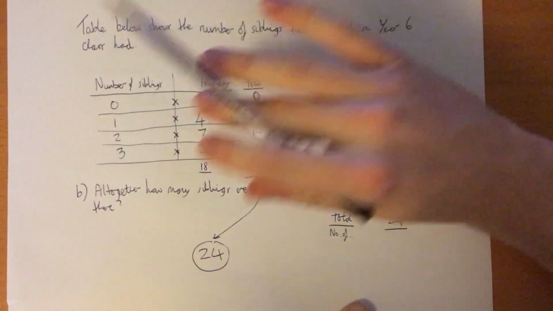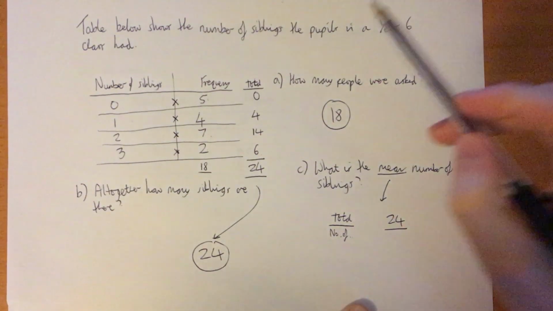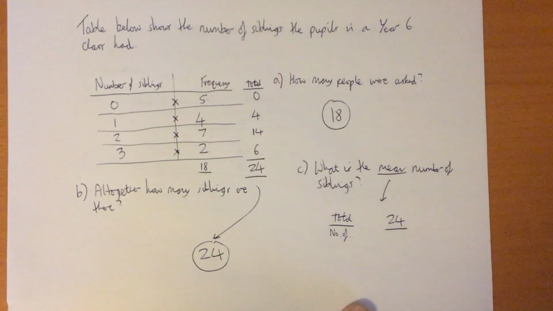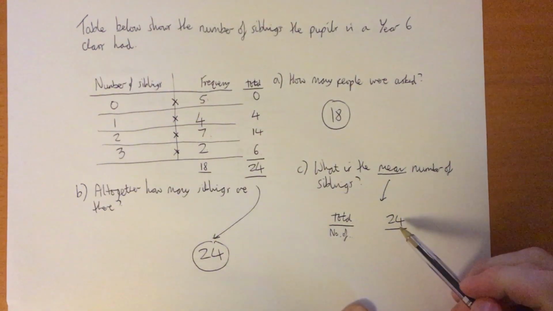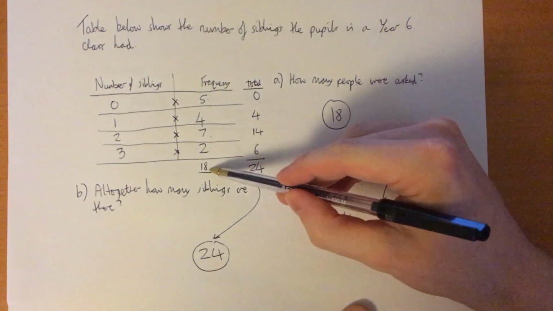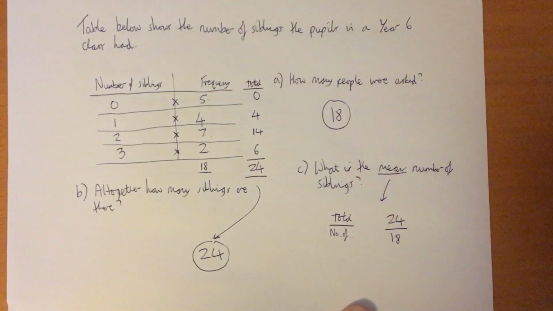But you're not going to divide by 1, 2, 3, 4, anything like that. You need to divide by the amount of pupils that were asked. So the total number of siblings is 24, and the number of pupils that were asked was 18. So you do 24 divided by 18.